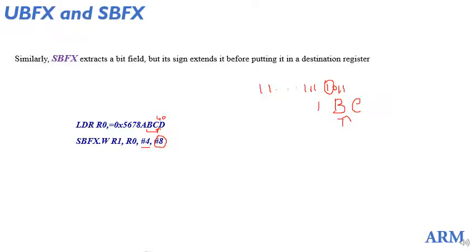So that will correspond to FFFFFFBC. So this will be copied to the destination register, that is R1. Okay, this is because SBFX corresponds to sign extend. It extracts the bit field specified by this LSB and width, and then sign extends it.